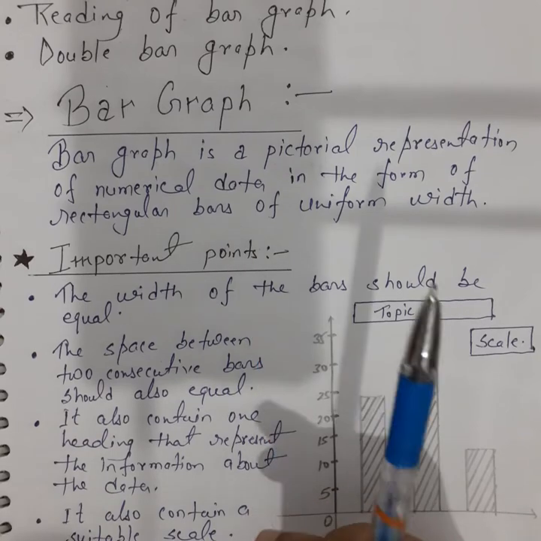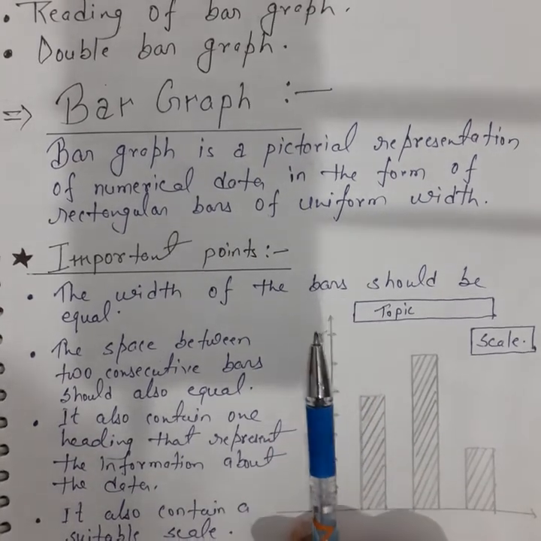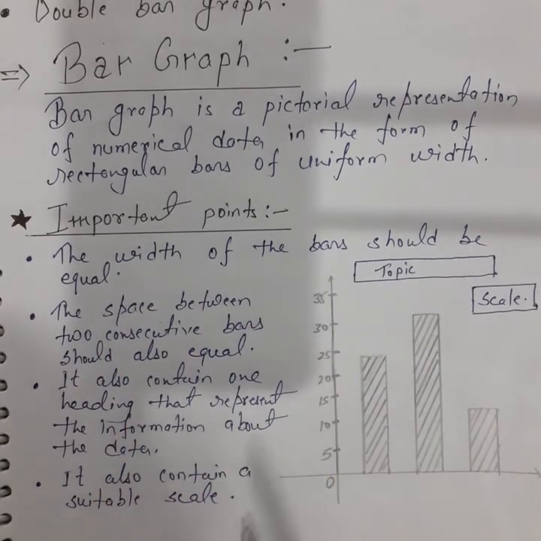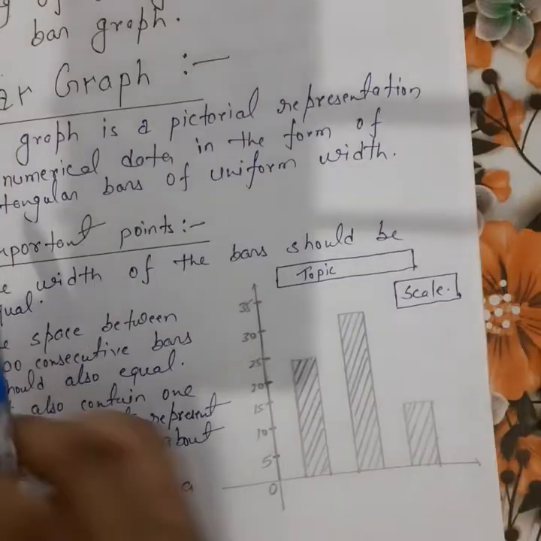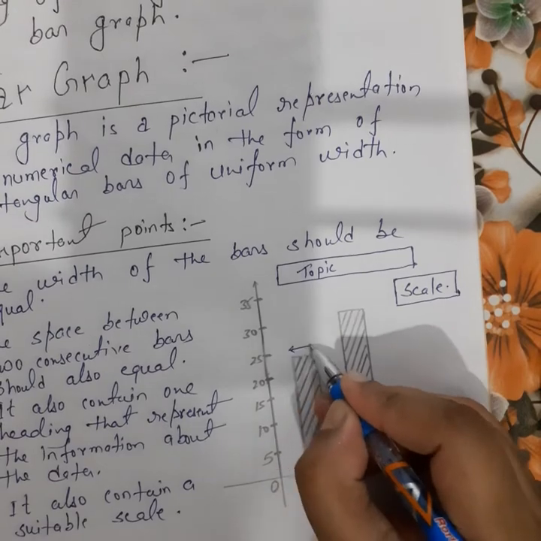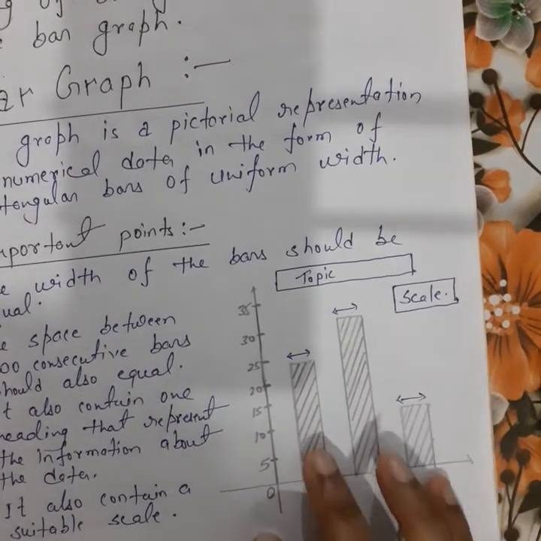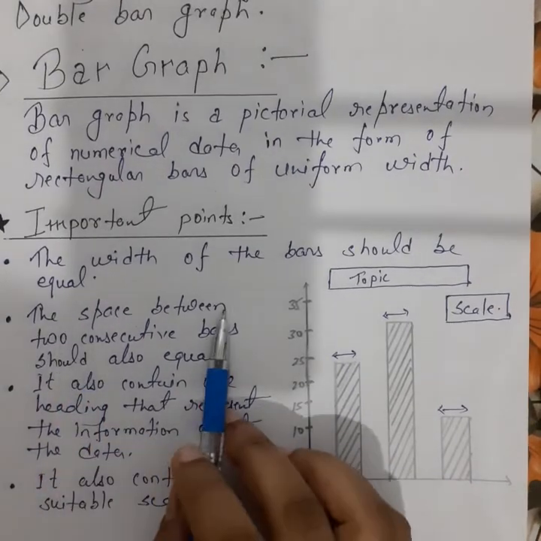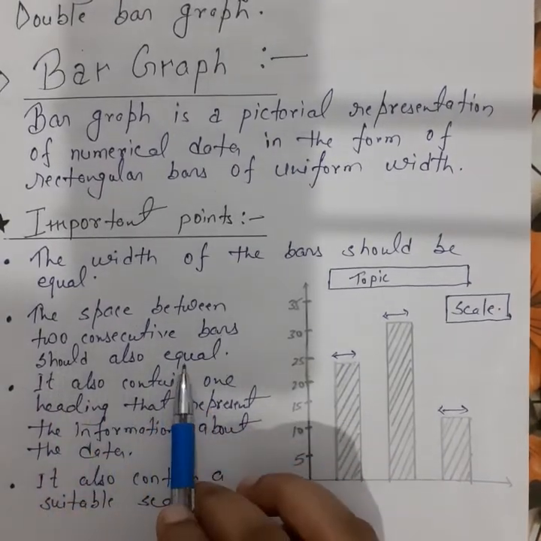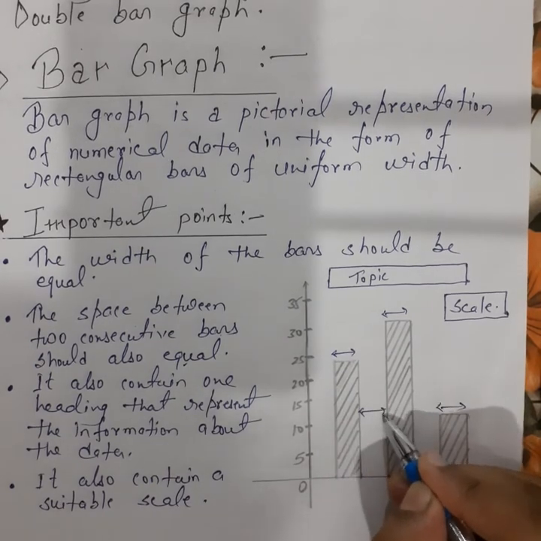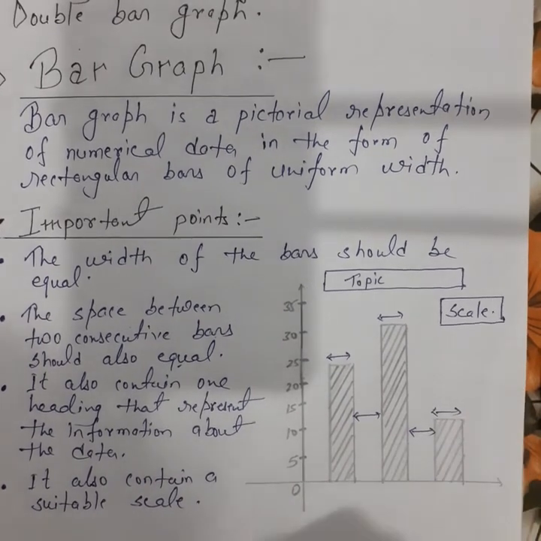Now, some important points that you have to keep in your mind: the width of the bar should be equal. It means this width should be equal. Next, the space between two consecutive bars should also be equal. It means this space should also be equal.